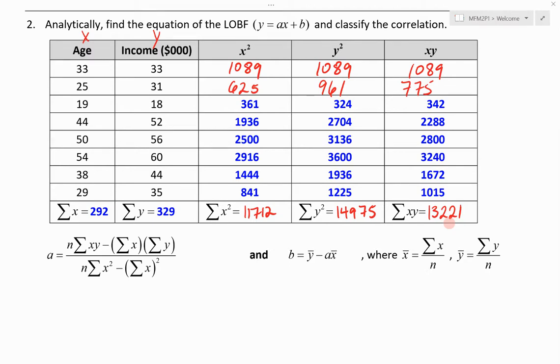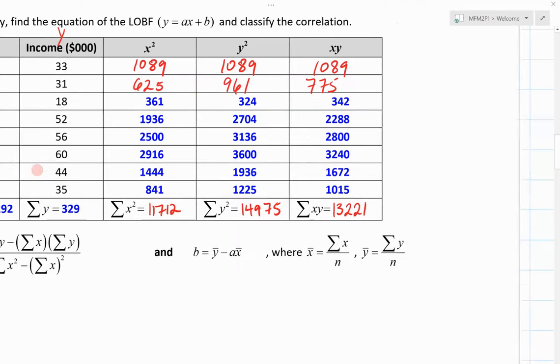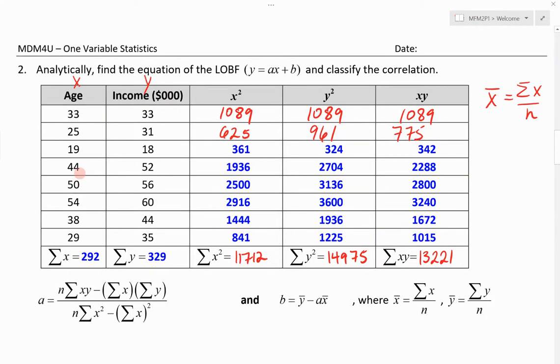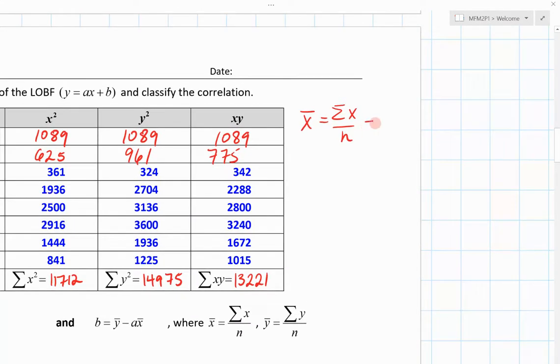Okay, so what else are we going to need? I'm going to need some mean values. On the side here, let's calculate the mean value for x. So x bar is equal to the sum of all the x values divided by the number of x values. I already have the sum of all the x values. That's 292. And if you count up how many x values we have here, we have 8 x values altogether. So the mean x value is going to be 292 divided by 8, and that's equal to 36.5.